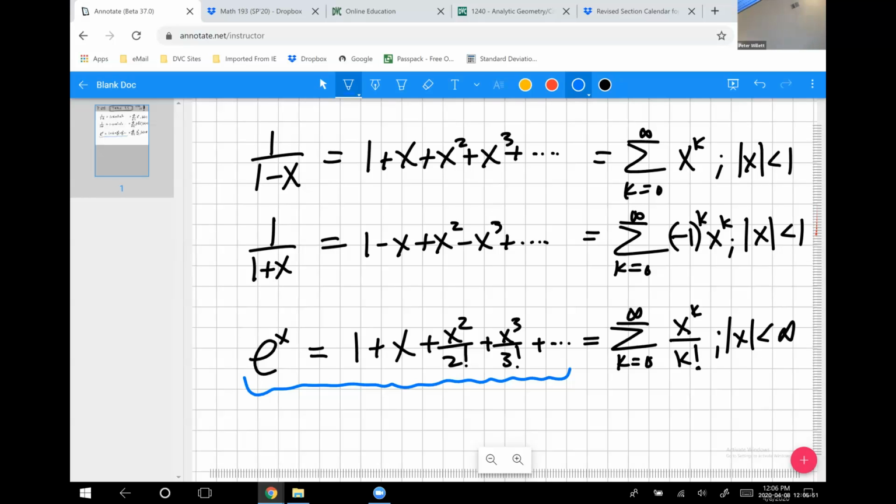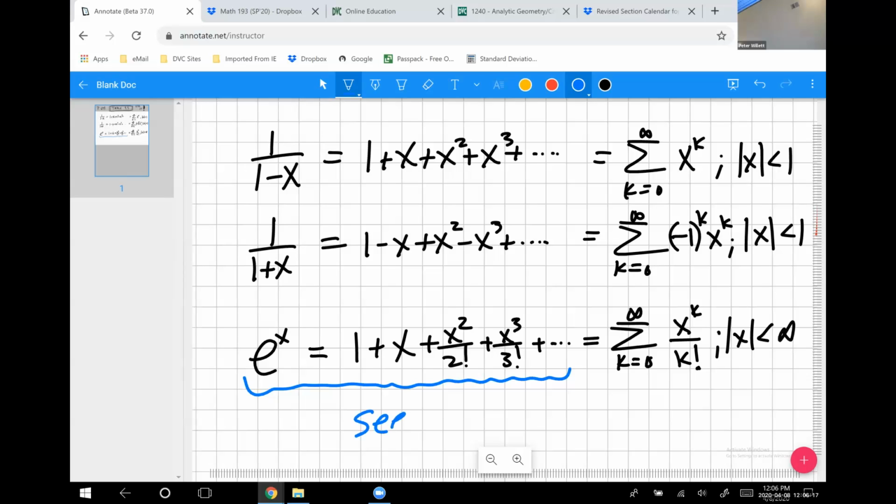And take note, if I differentiate this term by term, I get the exact same polynomial. That's why the derivative of e to the x is e to the x, because when I differentiate this polynomial, it doesn't change. And they go down. There's a total of, let's see, 1, 2, 3, 4, 5, 6, 7, 8, 9, 10, 11.